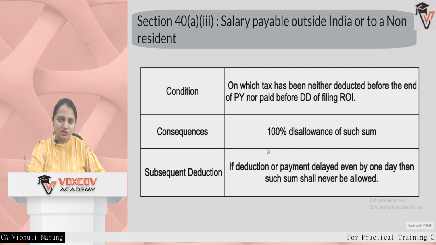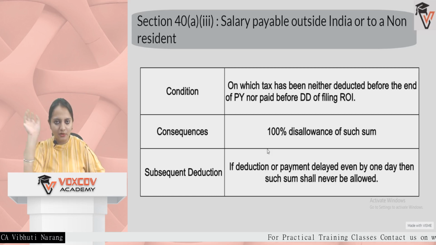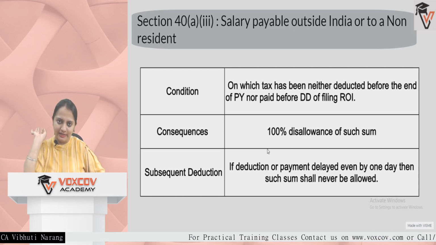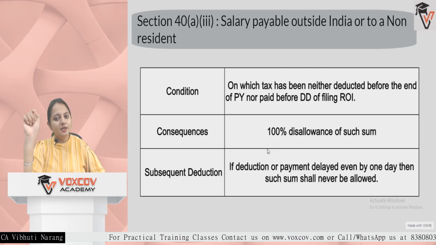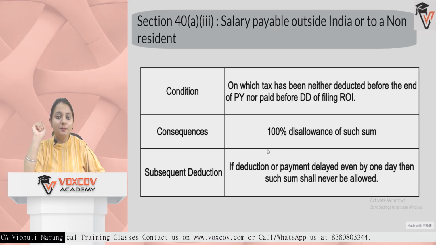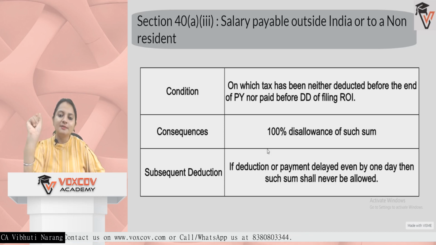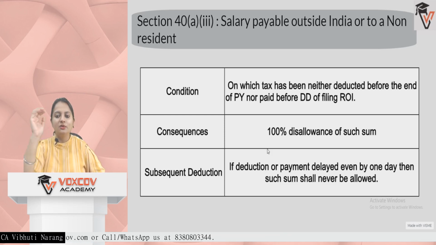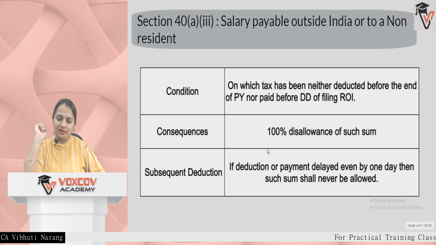So there is no deduction of tax, neither the payment of tax before the due date of return filing of income. 100% sum is again disallowed, but there is a turning point, the subsequent deduction is not allowed. So even if there is a delay by 1 day also, for the deduction or for the payment, the sum will never be allowed in the subsequent financial years, right?